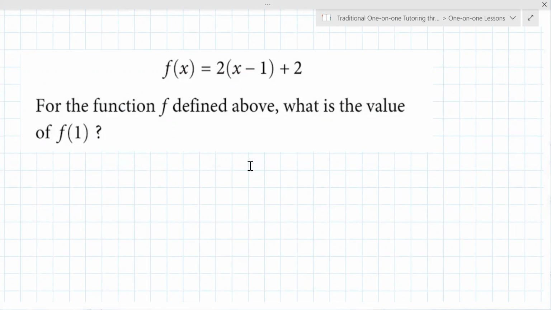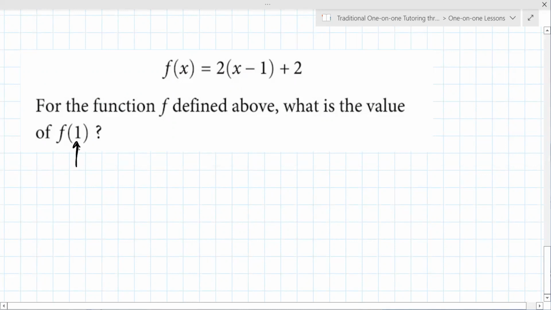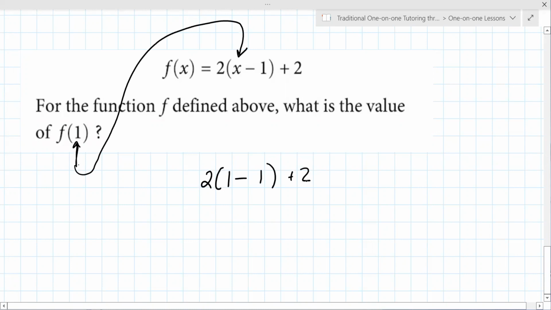For the function f defined above, what is the value of f of 1? F of 1. So what are you supposed to do with this 1? You're supposed to use that for the x right there. Supposed to put that value in for x. So it becomes 2 parentheses 1 minus 1 plus 2. And you have to simplify that.